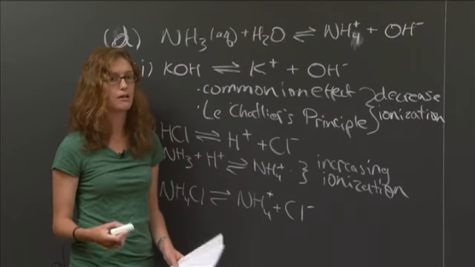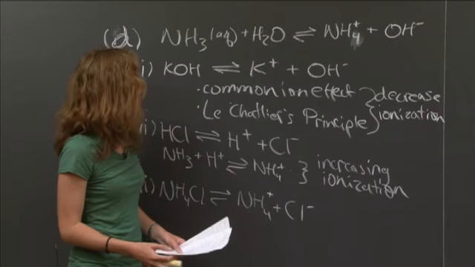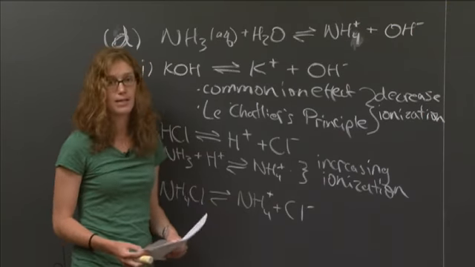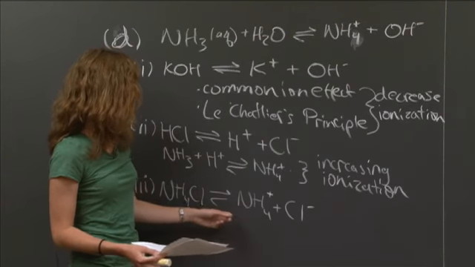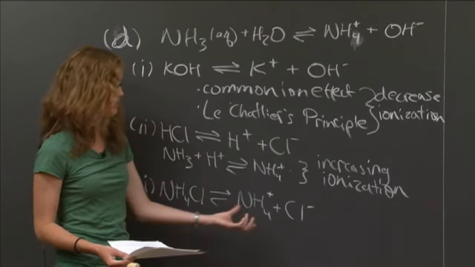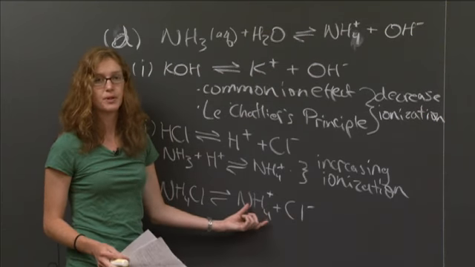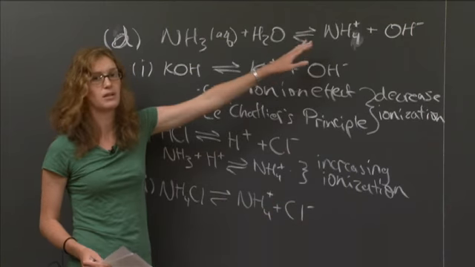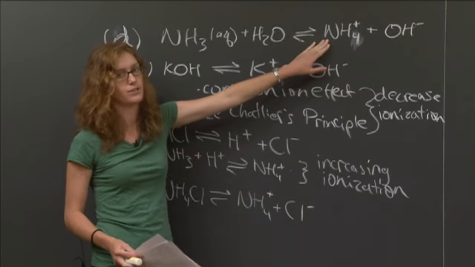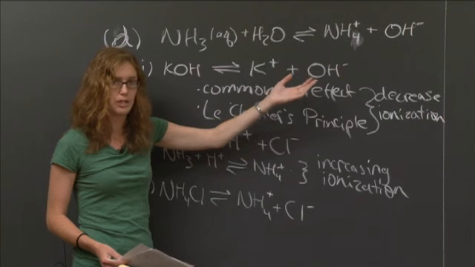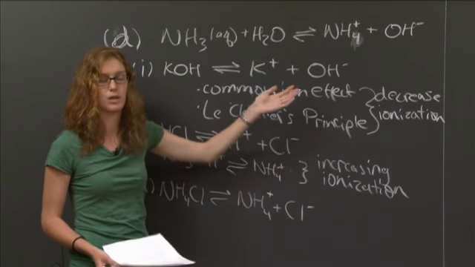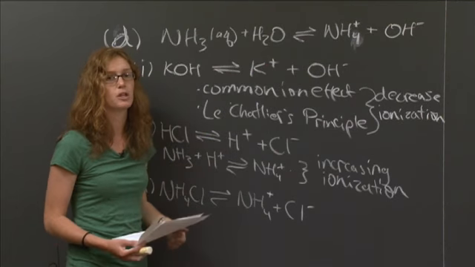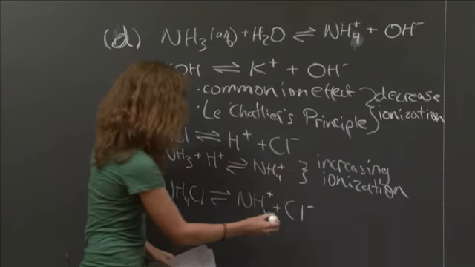So we'll have at least a little bit of an effect on our initial ionization reaction. So here we see the dissociation produces ammonium ions. And just like the first case, that is one of the products in our ionization reaction. And so Le Chatelier's principle, common ion effect, whatever you want to call it, tells us that it will shift the equilibrium to the left and decrease.